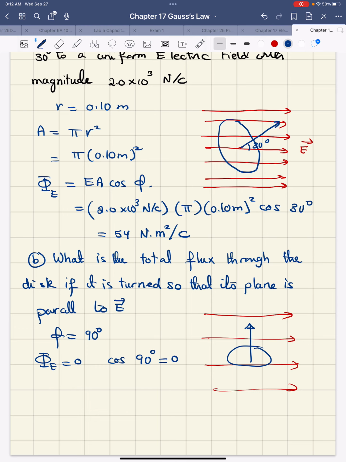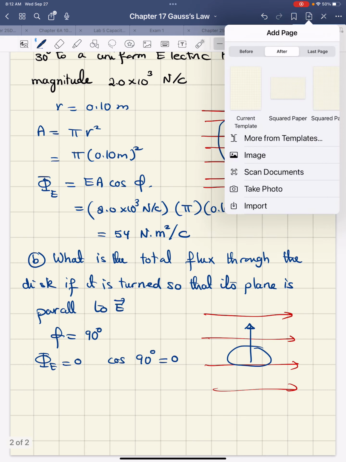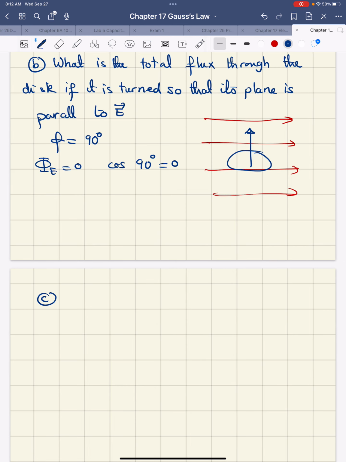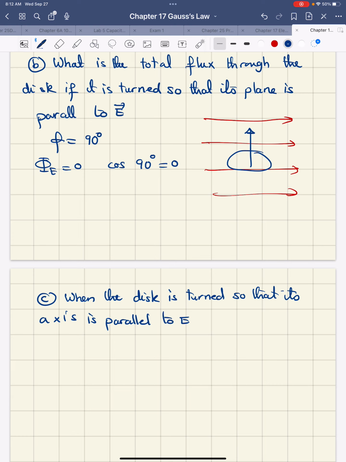Now we can also find another case, which is number C, when the disk is turned so that its axis is parallel to E. And here is going to be this case.